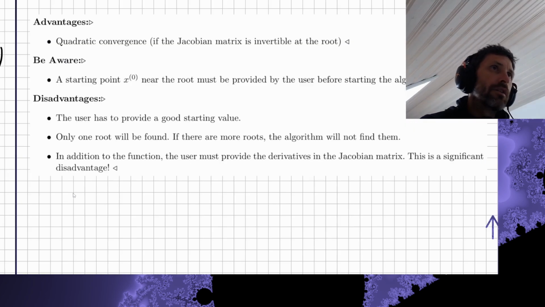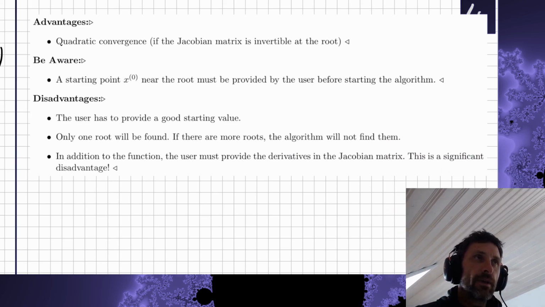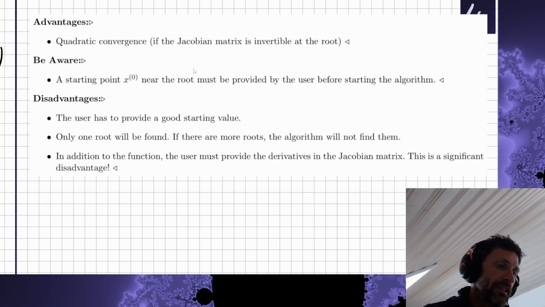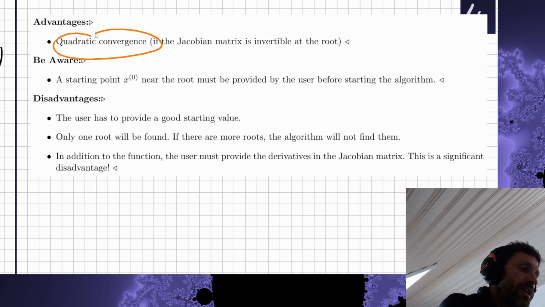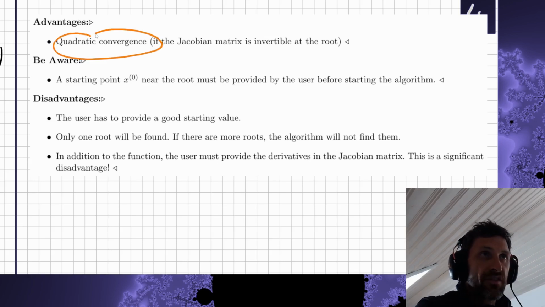Okay, what are the advantages and what are the disadvantages of this idea? We have quadratic convergence, as mathematicians can show. I tell you it's quadratically convergent, but I don't tell you why. Please believe it.